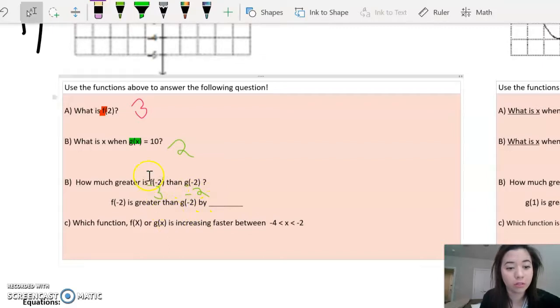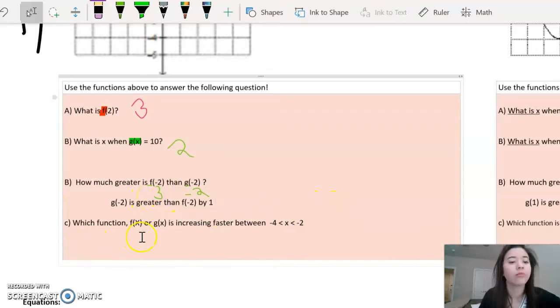Oh, I actually have this worded backwards. It is g of negative 2 that is greater than f of negative 3 by 1, because negative 2 is bigger than negative 3 by 1 value.